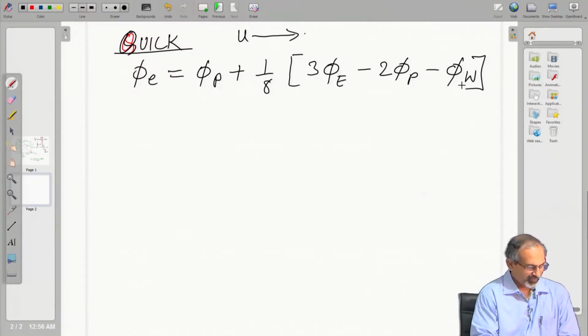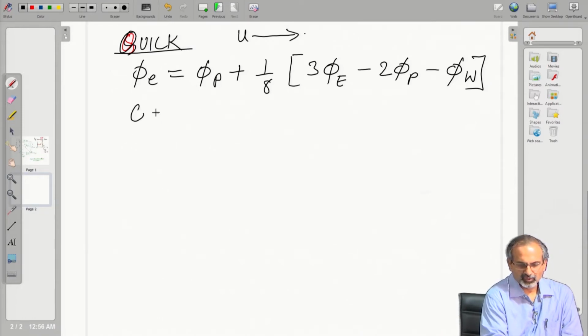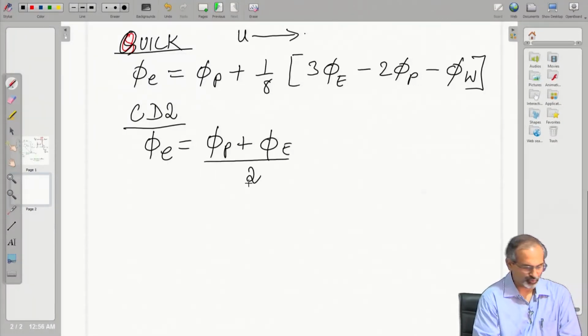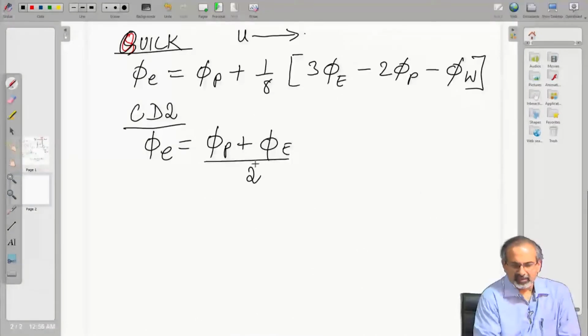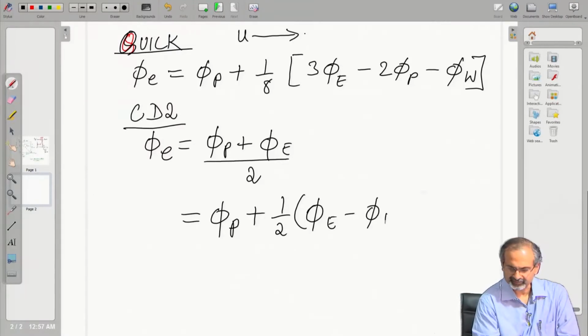So, this is how phi e is being discretized, while if you look at the central difference scheme, say the CD2 scheme, how did we do phi e? We did it by phi p plus phi e by 2. Now, in the CD2 scheme, if you try to take the phi p out, then you would have to make an adjustment in order to retain the expression.